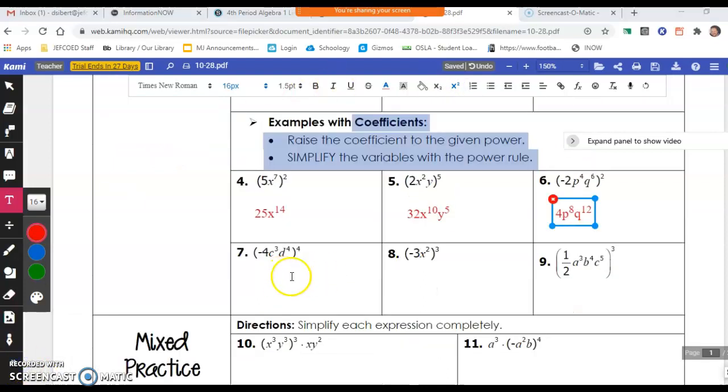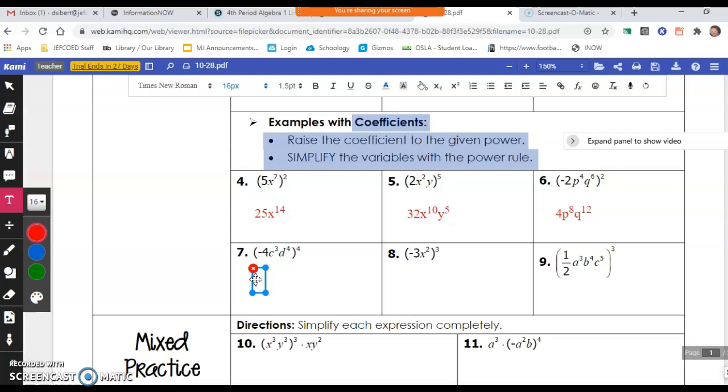All right, look at number 7. We got a negative 4. Again, remember that whole negative 4 is raised to the power of 4. We got C to the 3rd and D to the 4th. Again, you guys are going to need a strategy or a tool or something to help you out with that exponent. Okay?